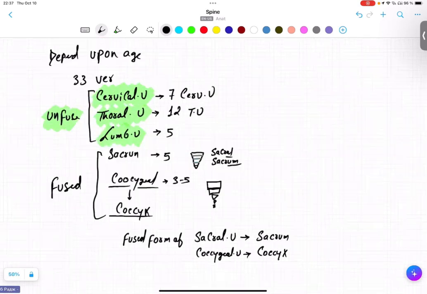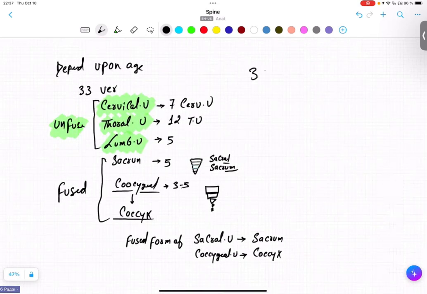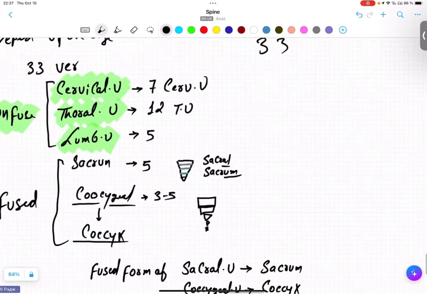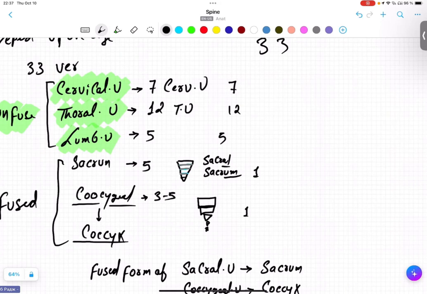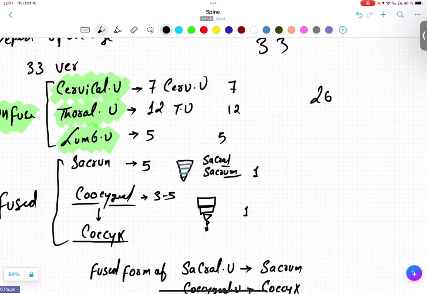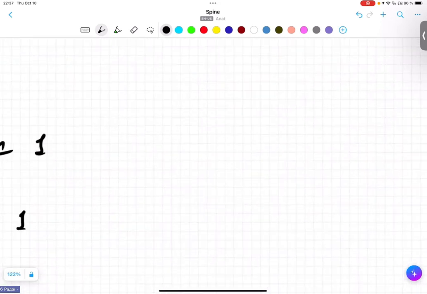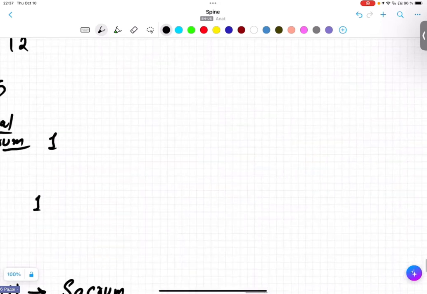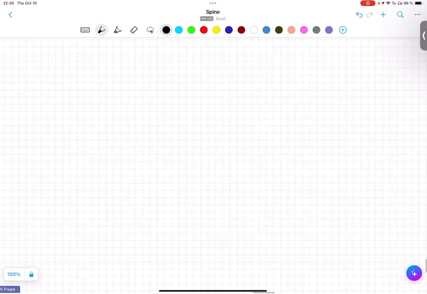Now tell me one thing. Initially we had 33 vertebrae. Now since we have 7, 12, 5, these are unfused, and the sacrum and coccyx are fused, so these are 1 and 1. So how many vertebrae do we have? 12 plus 7 is 19, 20, 25, and 26. That is why I told you the number of vertebrae depends on whom you are asking, a child or a grown adult.